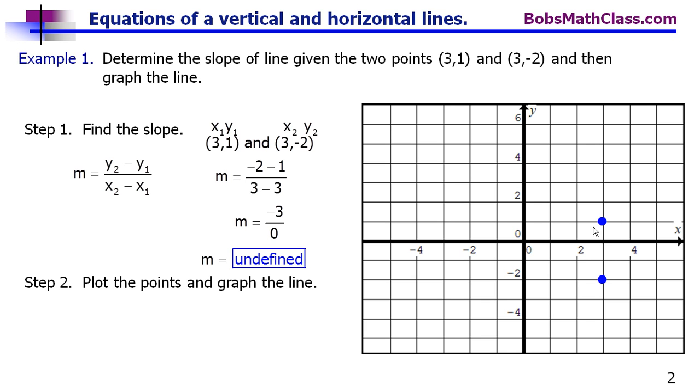And if we draw a line through these 2 points, oh, that's a little off, but yeah, there it is. It's a vertical line. So we could see that the slope of a vertical line is undefined because the difference of the x values is 0 here, and we end up with a 0 in the denominator, therefore it is undefined.